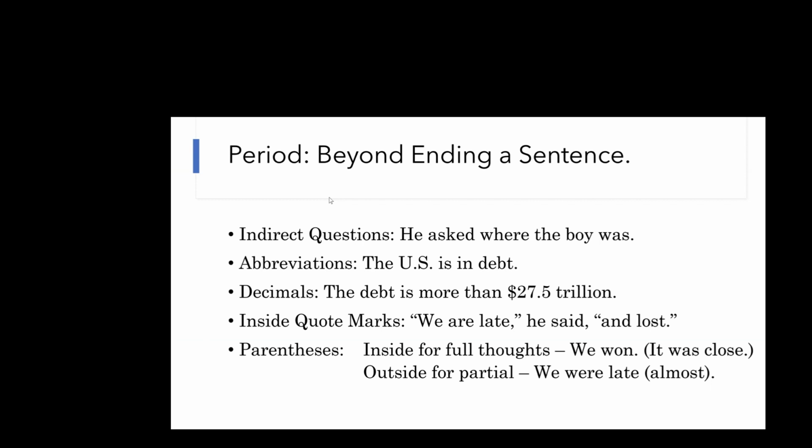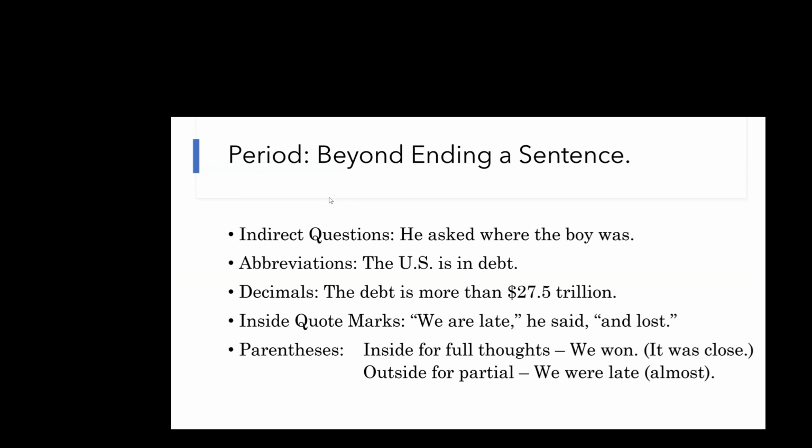Well, the person you're talking about here is asking a question, so you would think you would use a question mark: where's the boy? But that's not how we're stating it. We're stating it as a statement, a sentence. So he asked where the boy was. You would end that with a period, not a question mark.